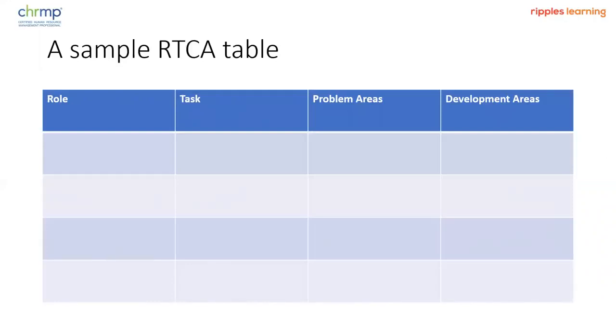You just write down the role of the person, the task of the person, the problem areas, and the development areas. So for example, let us say the role is client manager. Task is client communication. Problem areas are, let us say, email writing and phone conferences.